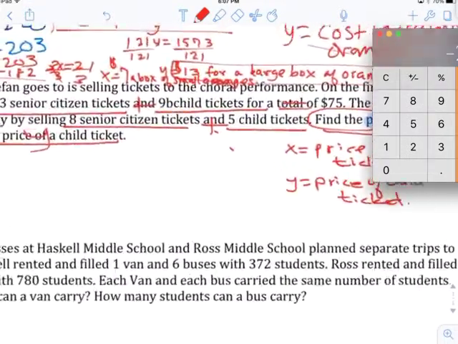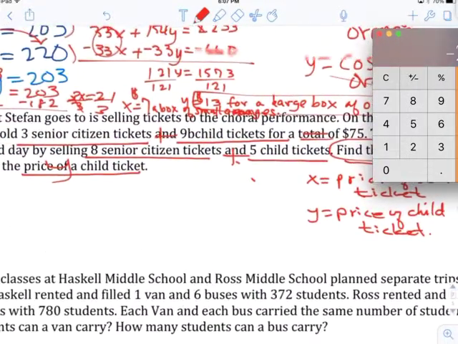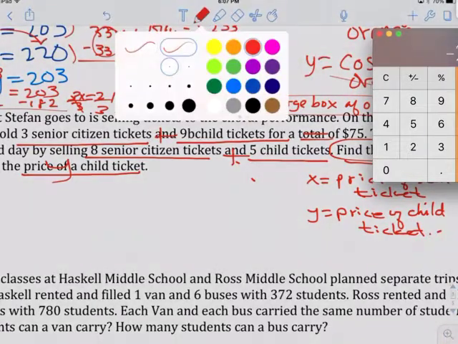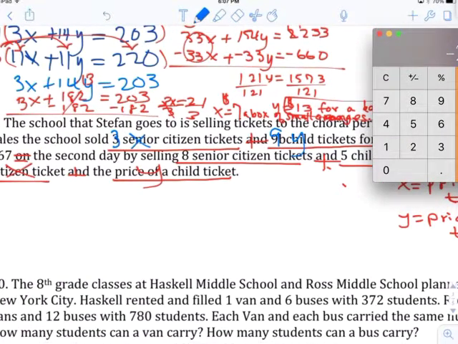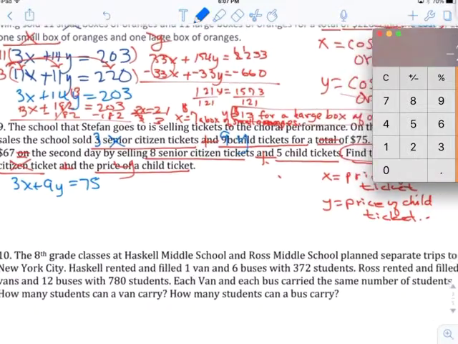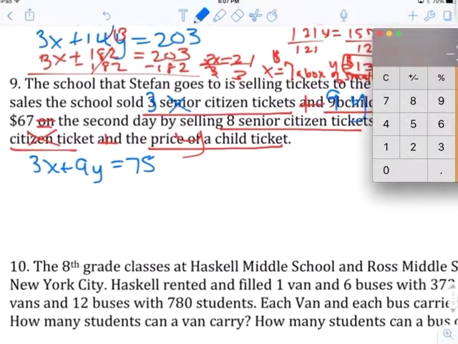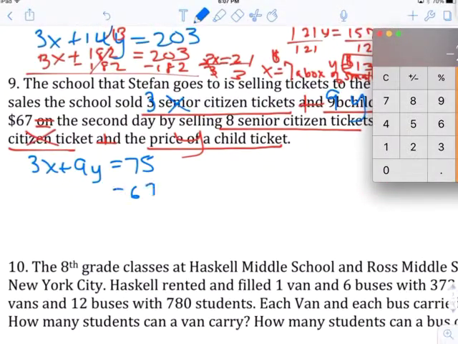So you go back. Senior tickets, put X. 3X, senior tickets. 9 child is Y, 9Y. Okay, so 3X plus 9Y equals 75. The school took in $67, so 67 equals 8X plus 5Y.